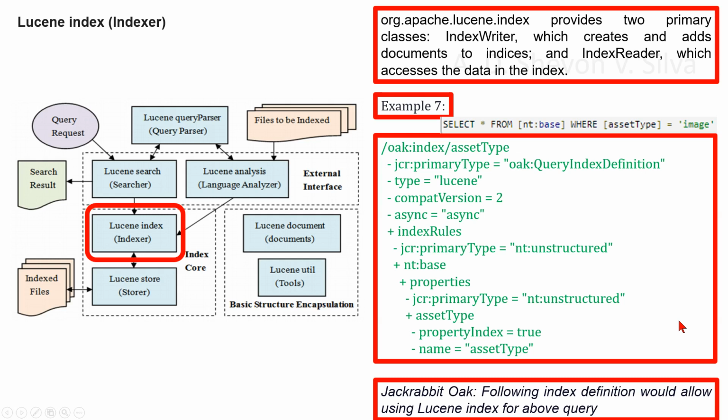Depending on the configuration of a Lucene index, it can be used to evaluate property constraints, full-text constraints, or path restrictions and sorting. You can see the query here. This index definition would allow using the Lucene index for this query.